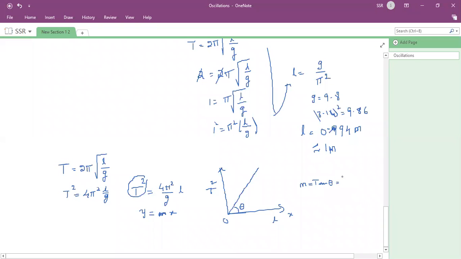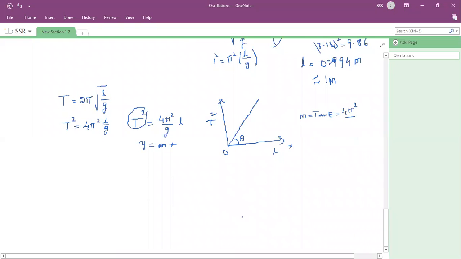This tan theta value is equal to 4 pi squared by G. Are you clear on this? So we have drawn a graph of time period versus length, T squared versus L, for this slope behavior.